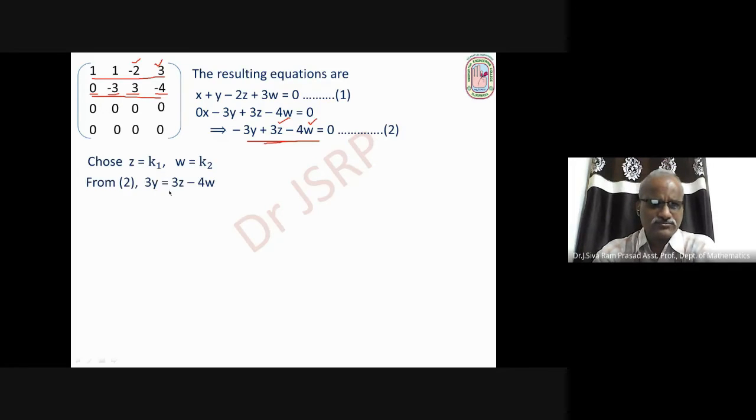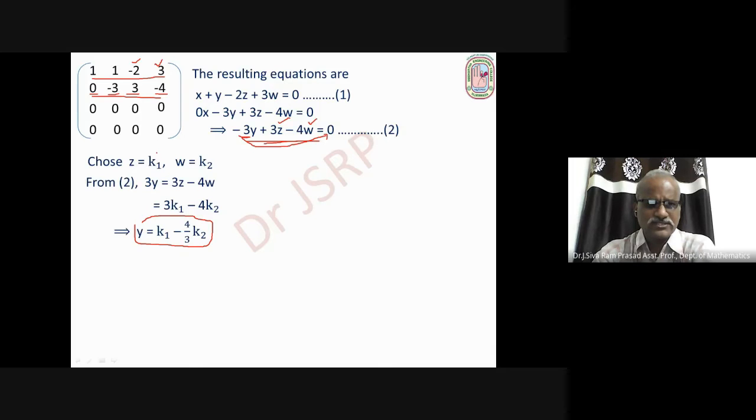So from 2, write minus 3y to the right side, so that becomes 3y. 3y equals 3z minus 4w. Substitute 3z as 3k1 and 4w as 4k2. Then y equals, divide by 3, 3 by 3 is 1, so k1 minus 4 by 3 k2. So this is the y value.